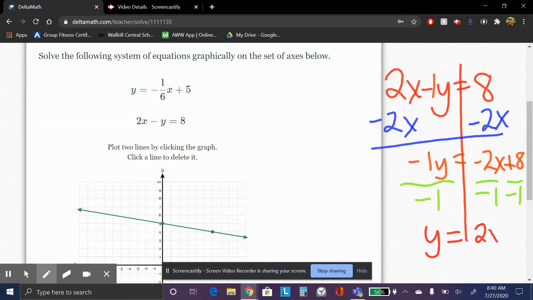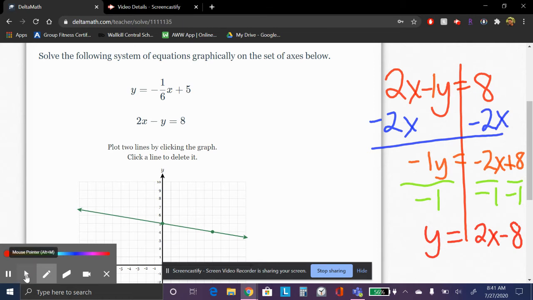x minus 8. Right? 8 divided by -1 is -8. So you have to be careful with these kinds of problems, because you subtract 2x from both sides, keep it in slope-intercept form, then to bring down the negative, divide everything by -1, and you get 2x minus 8.